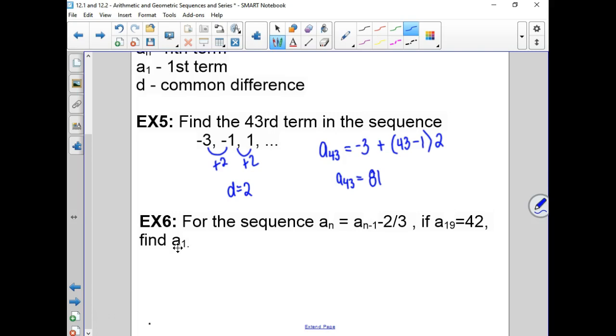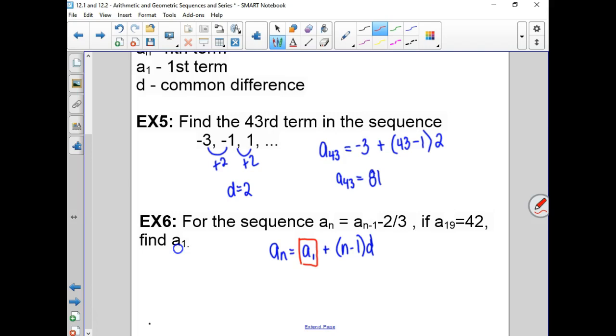So here we're working from this formula, A sub n equals A sub 1 plus n minus 1 times d. Well, in this case we're not given A sub 1, that's what we're looking for. We want to replace everything else except for our A sub 1.